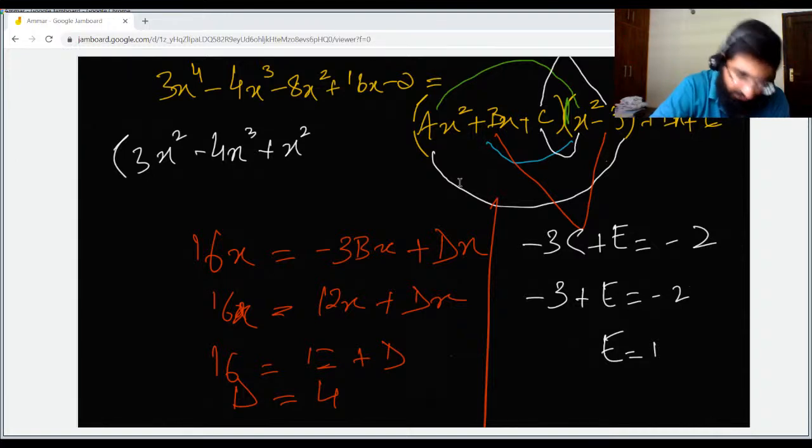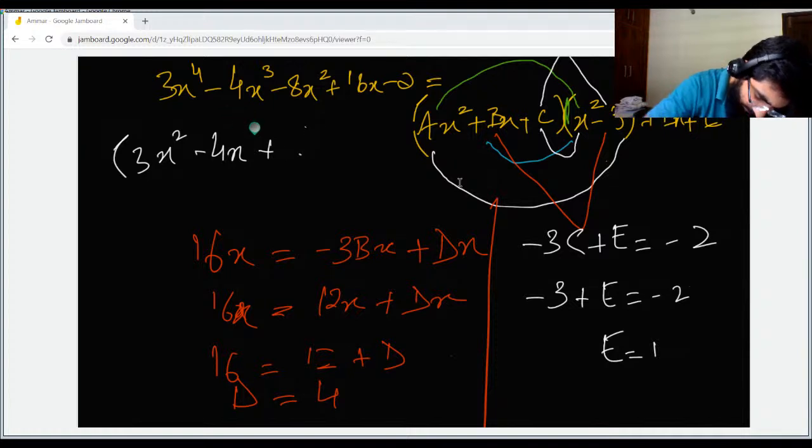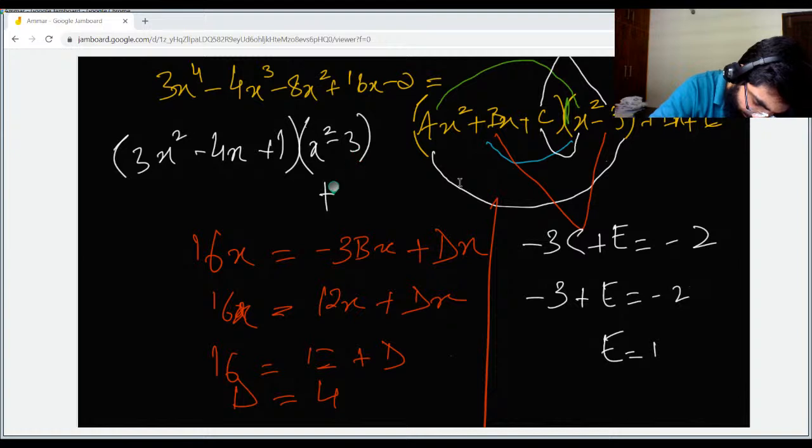No, I have made a mistake. It's bx over here. So it will become 3x squared minus 4x plus 1, times x squared minus 3 stays as it is, plus d is 4, so 4x plus 1.